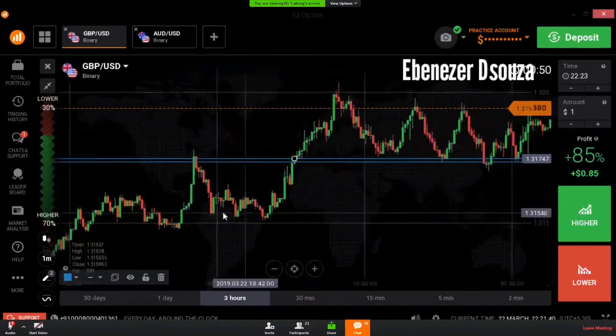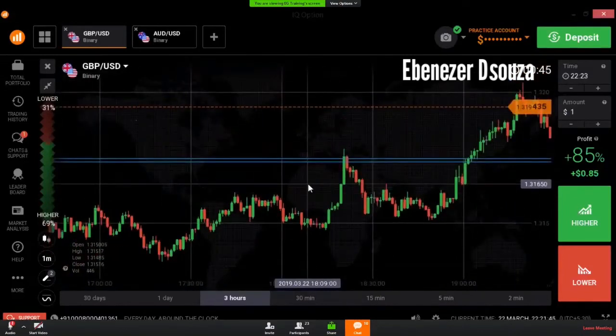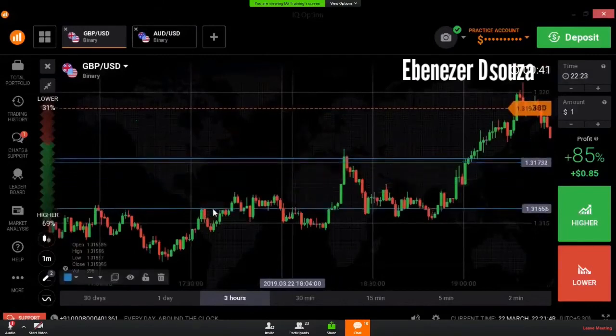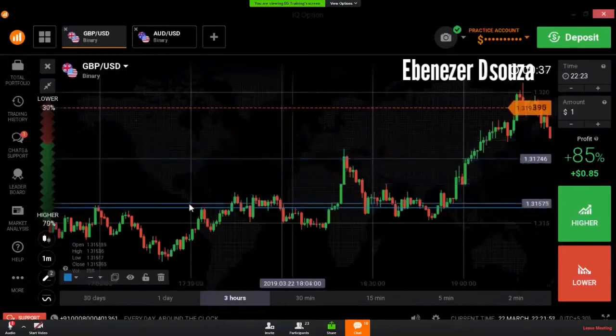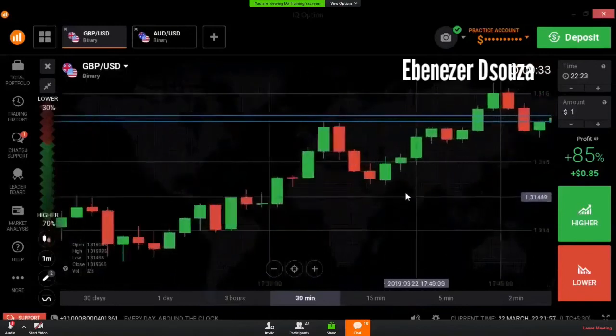So always, if the market breaks the previous level, there is a chance to enter sellers and buyers. So to know the next buyer's entry point and seller's entry point, you need a confirmation candle.